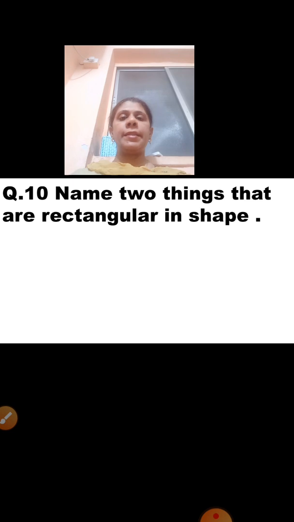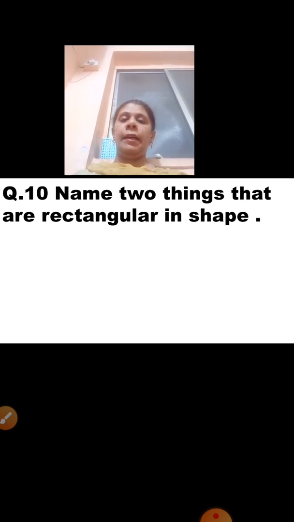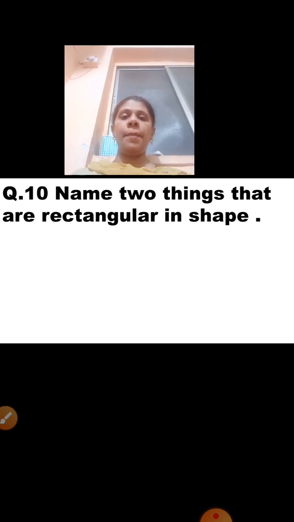Question number 10. Name two things that are rectangular in shape. You have to name two things that are rectangular in shape. This also we have seen. Teacher showed you many pictures which were in rectangular shape.